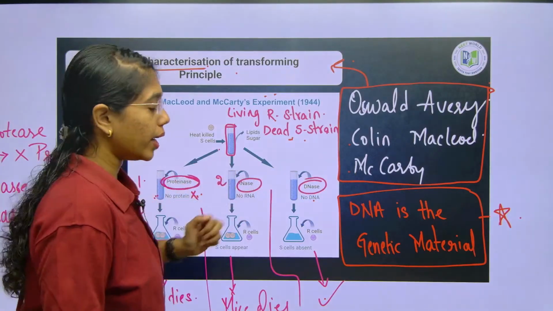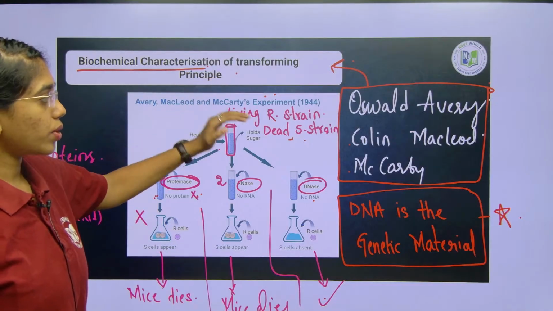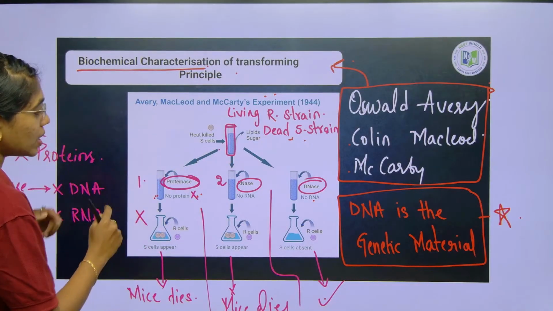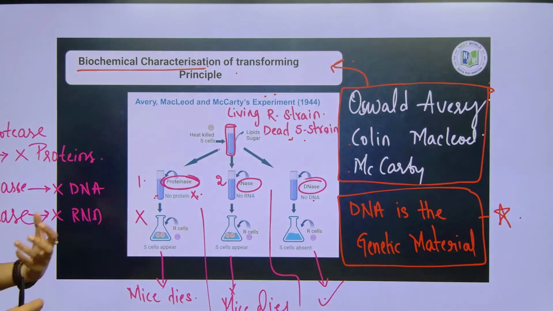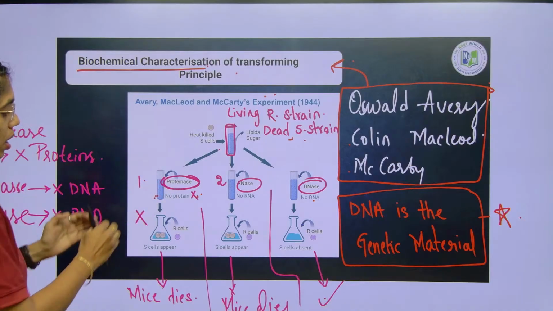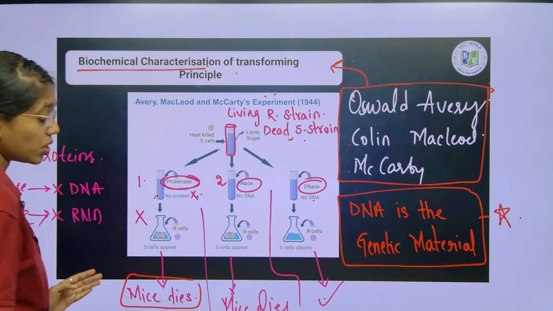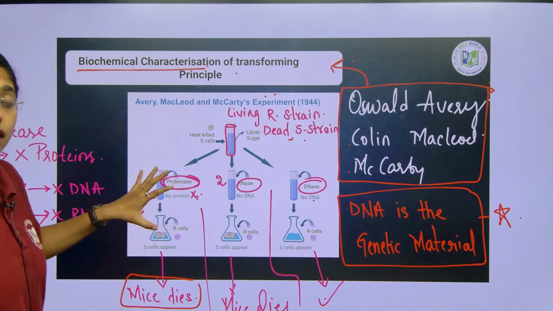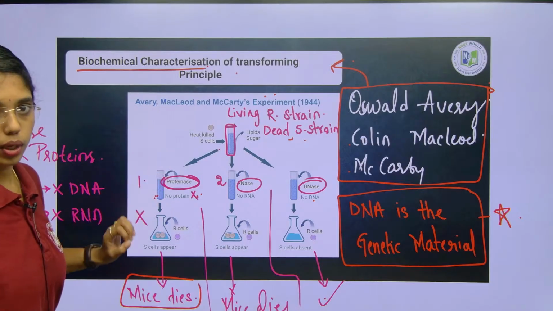To this culture medium, which contains living R strain and dead S strain, first protease is added. Protease will denature or disintegrate the proteins. When this happened, you can see the same effect, that the mice die, which means there is no effect on the transforming principle even in the absence of proteins.